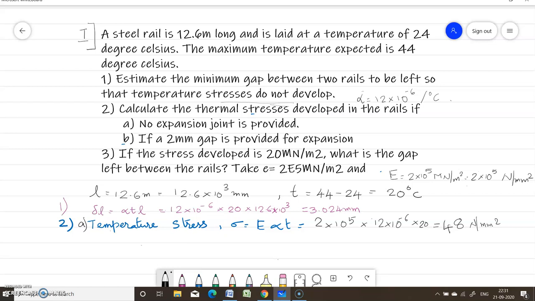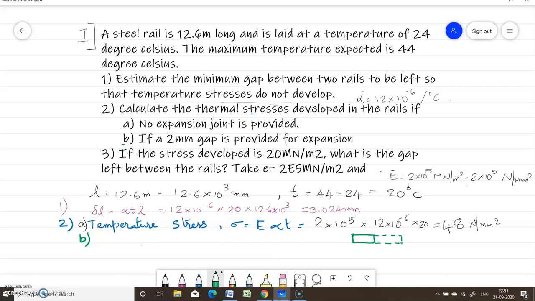Now what is the next part? Next part, B. What is B? Question is, if a 2 mm gap is provided for expansion. So let us draw the figure here. You have the rail. Now if the rail is allowed to expand freely, you have obtained the value.